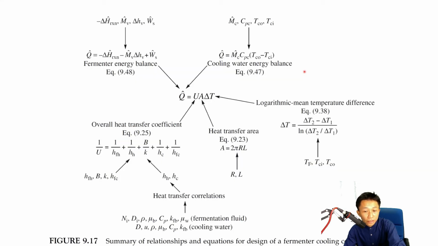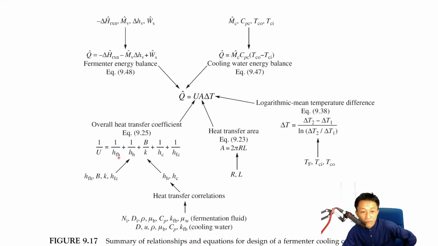Okay, this is how we summarize the relationship equations for fermenter cooling. You have these properties from your system. The fermentation broth is the same as water, and the cooling water, and then we use them to calculate the hot and cold side heat transfer coefficients. Overall, this one is fluid, hot, conductivity, cold, and this also cold.